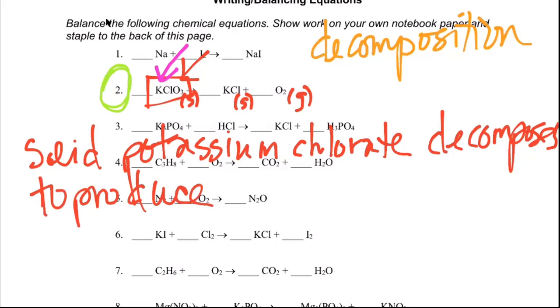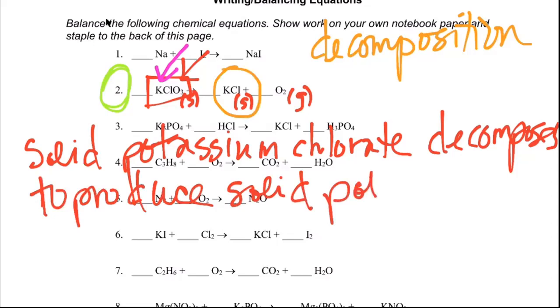And now I need to write the names and the descriptions for my products. So the first product up here is KCl. So it produces, and it's an S, so to produce solid, and then K is still potassium, but now it's Cl, not ClO3. So it's still an ionic compound because it's still got that metal potassium in it.